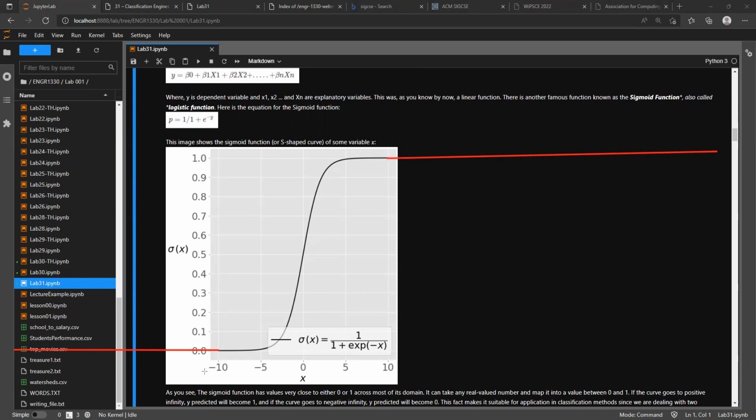If anybody's had calculus, I can say that the limit as x grows large or negatively large goes to 1 or 0. So for almost all input, it's 1 or 0. Now, why is that nice? Well, we're trying to do a task where every input is either one thing or another. So this function is quite nice for that.